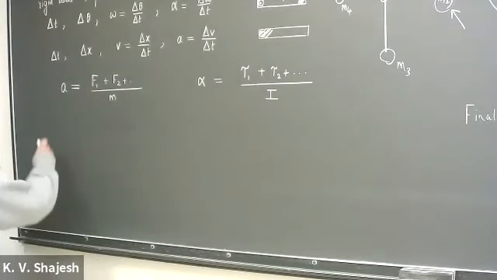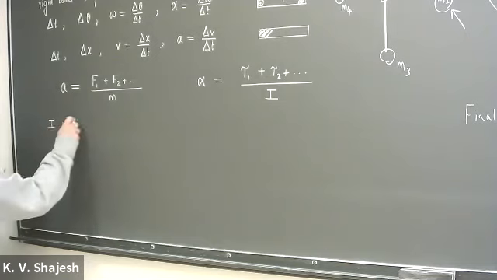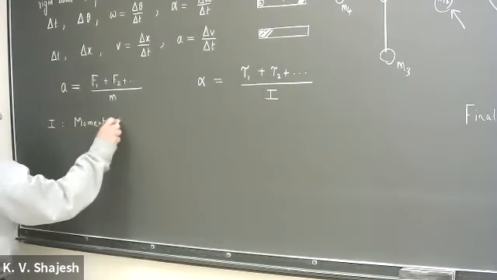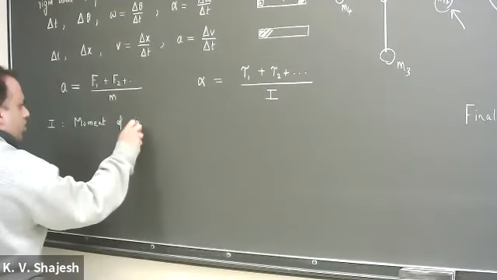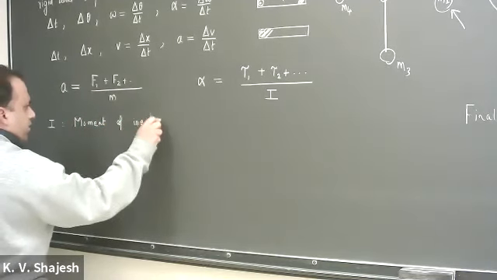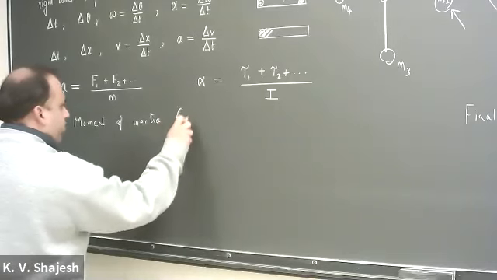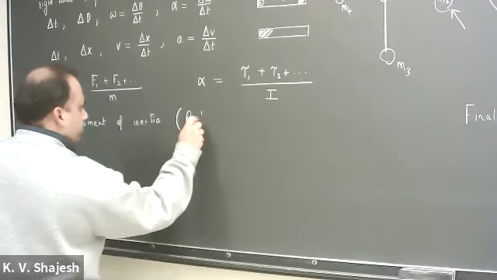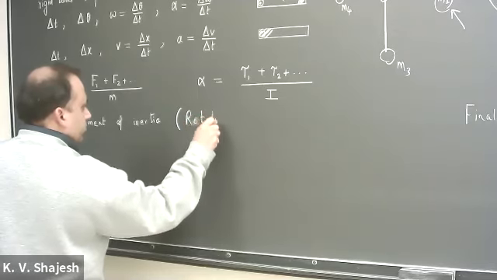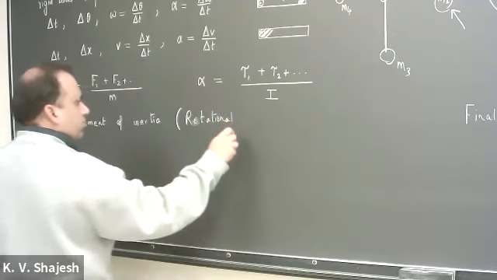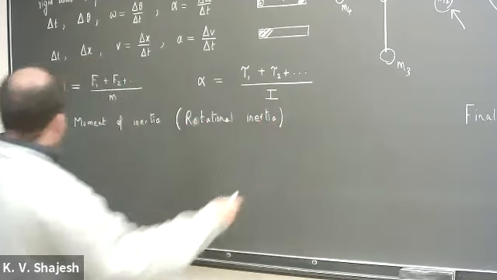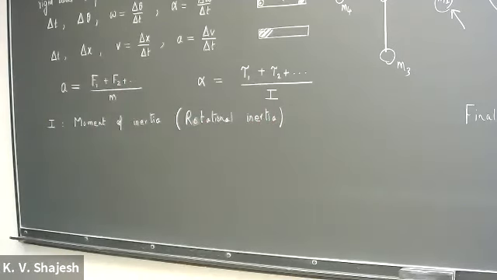We want to define I as moment of inertia, and we will sometimes also call it rotational inertia. It is what resists rotational motion.